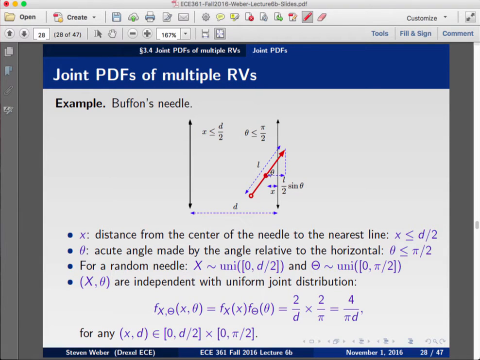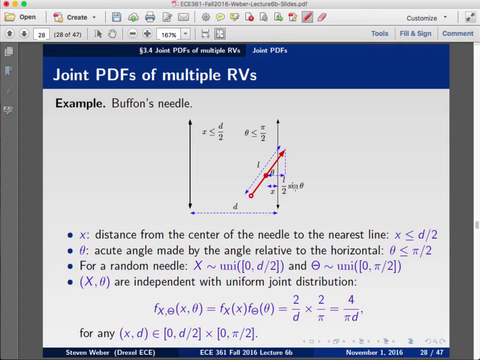If this hypotenuse has length L over 2, and this angle is theta, then this quantity right here is L over 2 times sine of theta. In words, it's the distance on the x-axis between the center of the needle and the end point of the needle closest to the next floorboard. That's what L over 2 sine theta is.